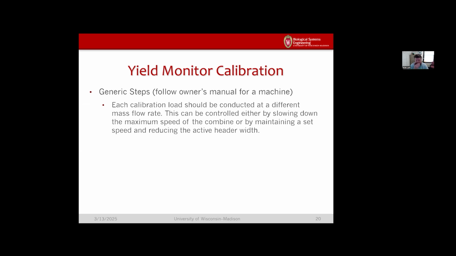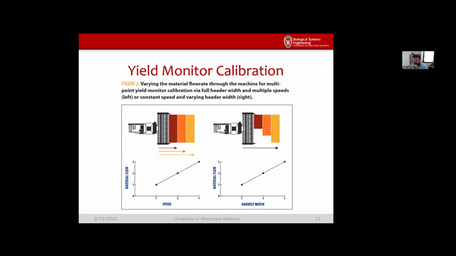And this is where I'm talking about changing that flow rate. There are kind of two ways to do it, and I think I have a picture here next. So rather than bore you with text, I'll get the picture out here. The way you can do it is you essentially slow the combine down and harvest for a pass, so you're bringing in less crop as you're moving forward.